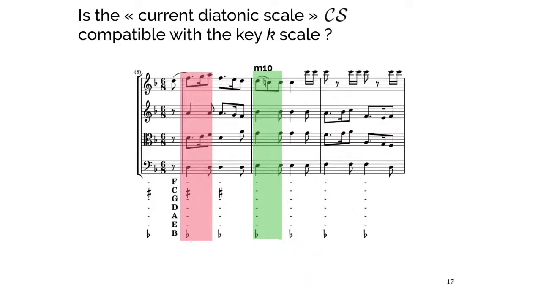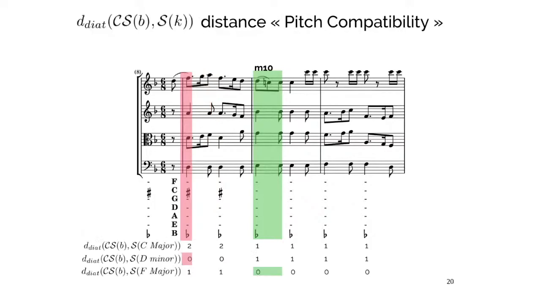How do we use the current scale? We just set a distance between a key and the current scale by computing the number of different pitches. Here, of course, when the current scale has the C natural, the key is closer to F major than to D minor. You can find more details in the paper.